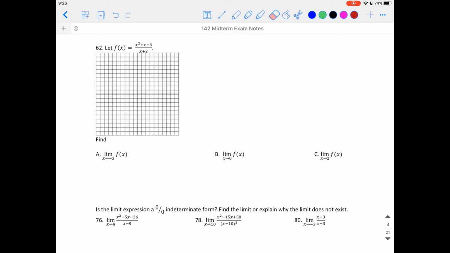For this next problem, it says let f of x equal x squared plus x minus 6, all over x plus 3. So we might say, okay, let's do part A, the limit of f of x as x approaches negative 3. Let's just substitute negative 3 in. So let's do it.